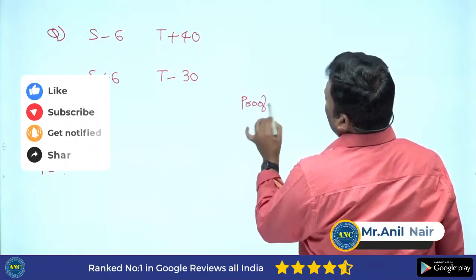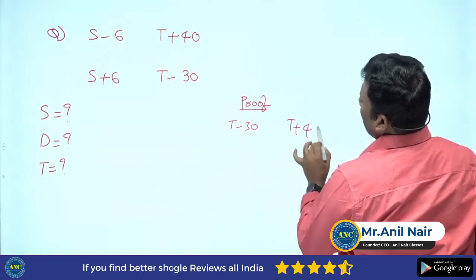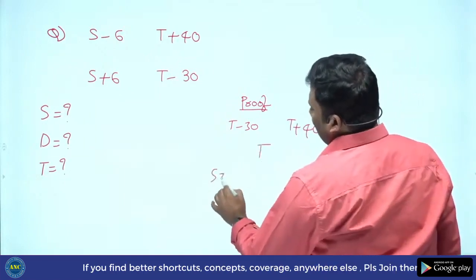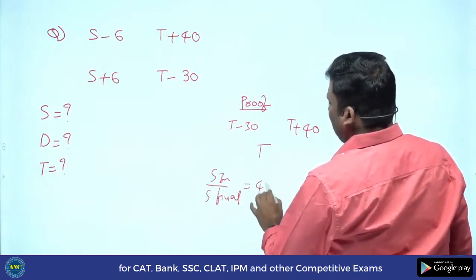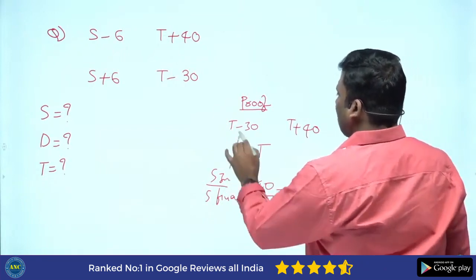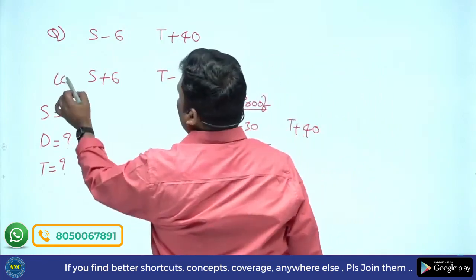The lowest time period is T minus 30, the highest is T plus 40, and the average is T. So S initial by S final will become 40 by 30, which is 4 is to 3. S initial corresponds to this one, so these 4 and it is 3.